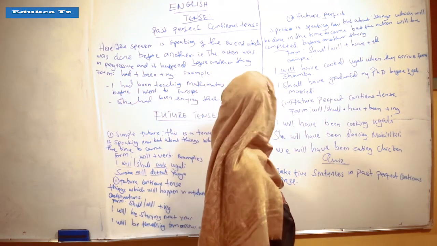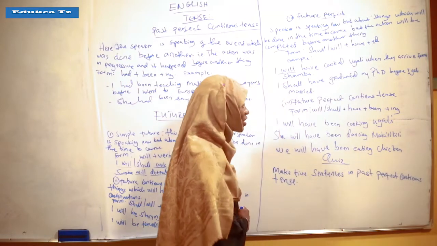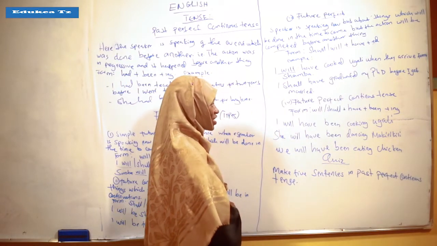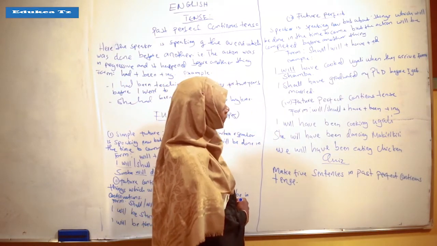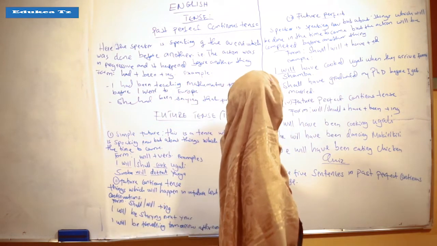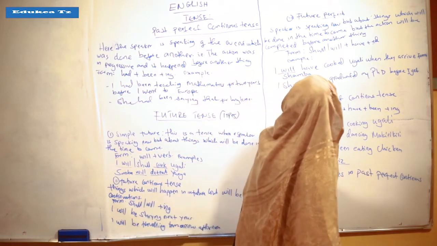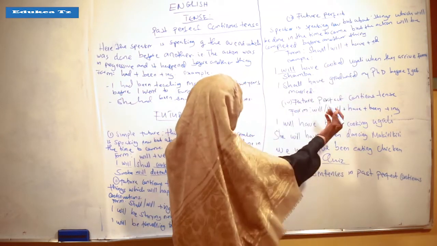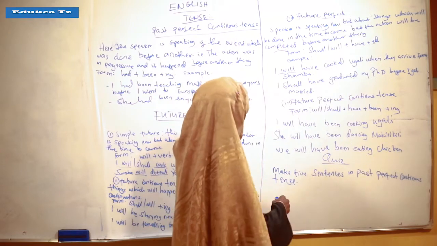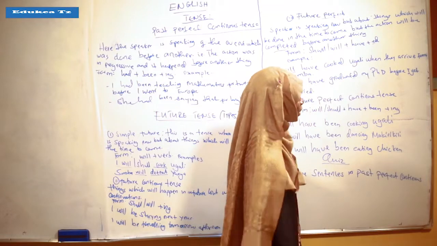The last part of the future tense is future perfect continuous tense. Future perfect continuous tense is not much different from the future perfect, but the only thing to add here is that the event will be in progressive.